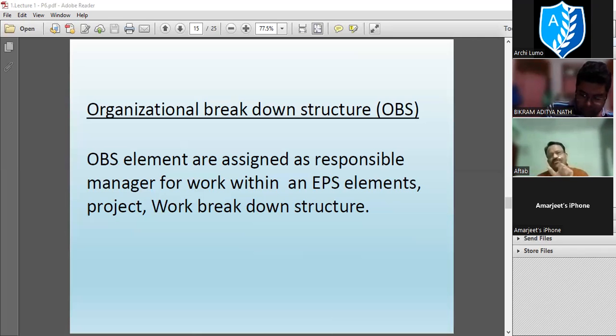So all the WBS is having some activities which consume resources. I mean material, manpower, machine, money, everything they are consuming, and they are giving you the output.